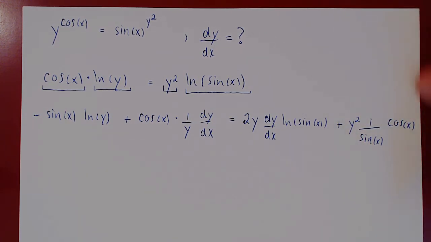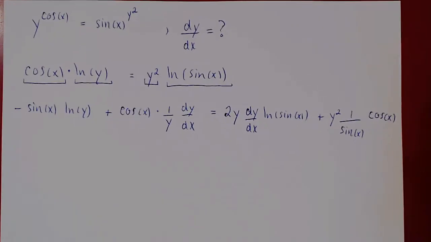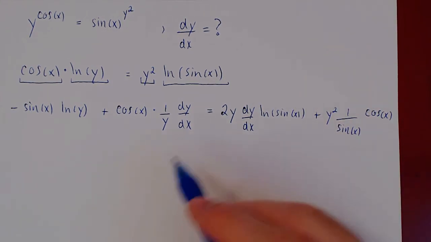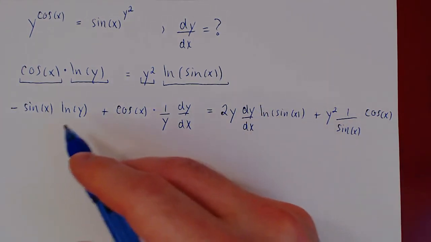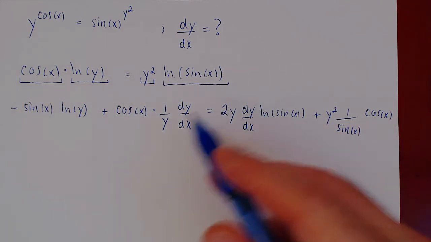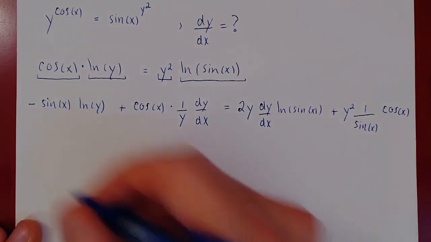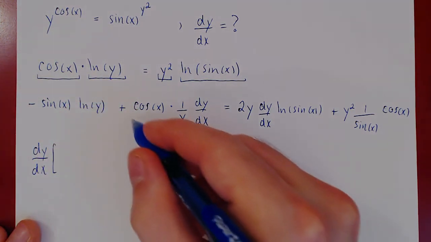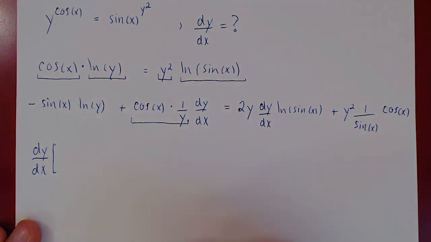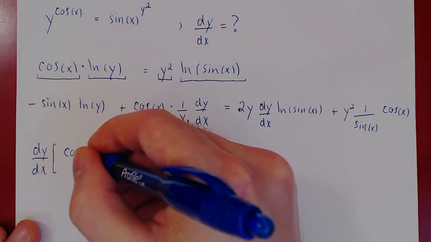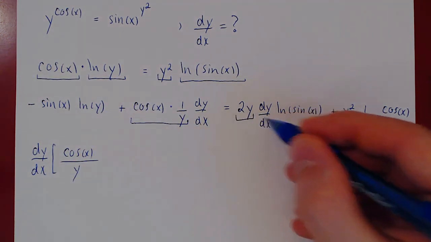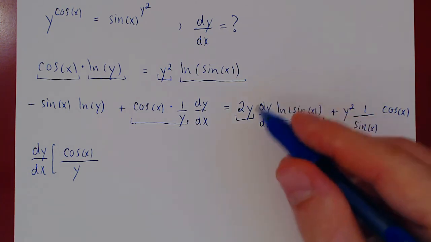And now we have the derivative. So all that's left to do is solve for dy over dx. So we'll bring this term to the left, send this one to the right, and then isolate our dy over dx. So what are we going to have? Dy over dx times cos of x over y. Now here we have 2y ln of sine of x times dy over dx.